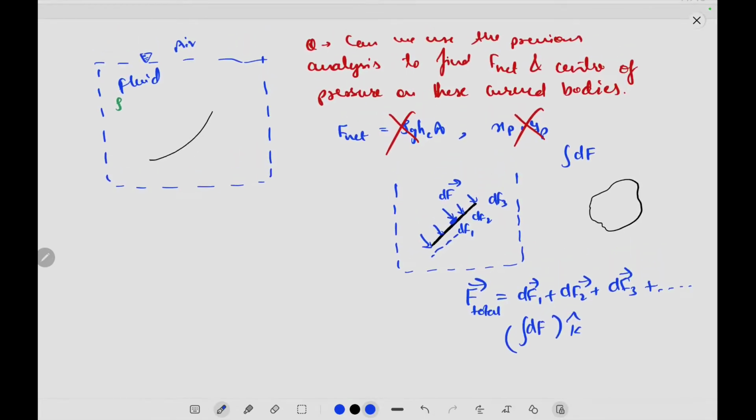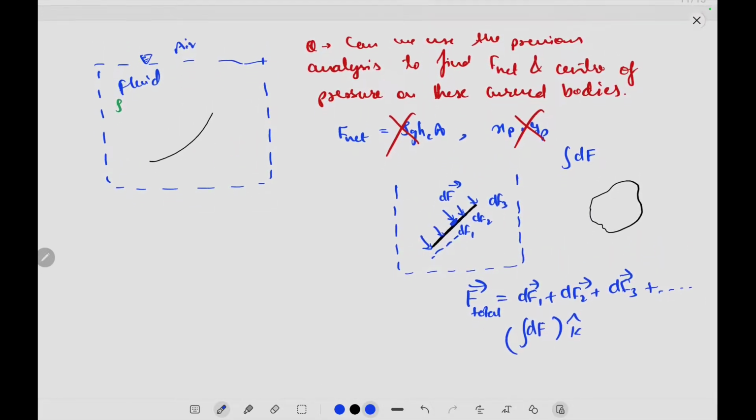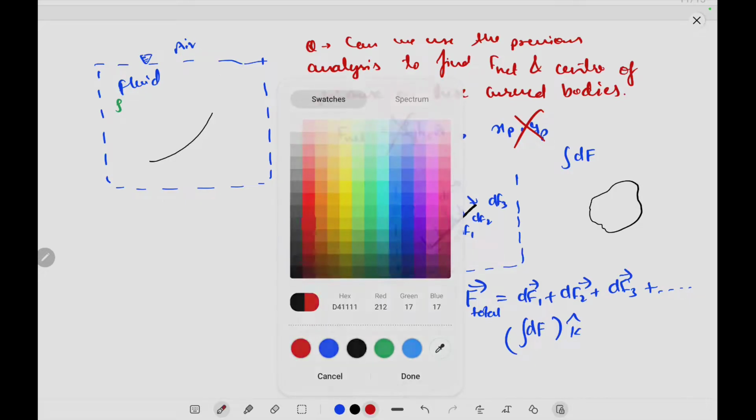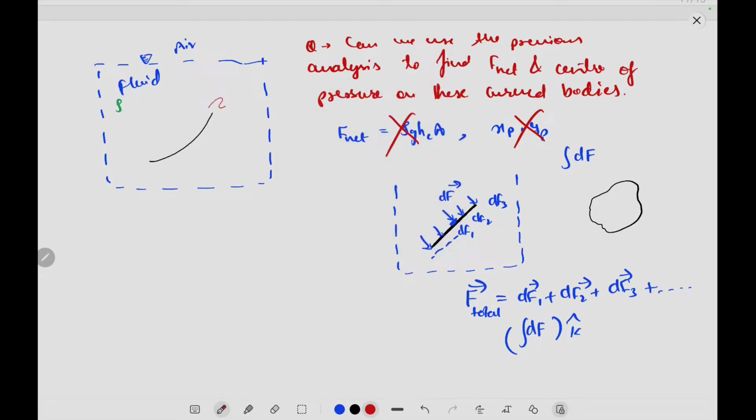Now in this case, what happens? In this case, we cannot do similarly. We cannot just take all the vectors in one direction. Let's understand here. The pressure would act normal to the surface and will increase with depth.